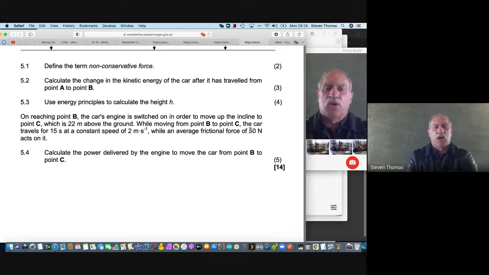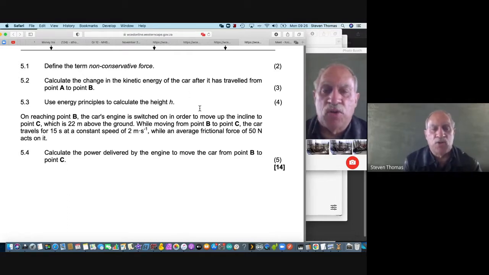Could we work out the change of potential energy? Whatever that height was, which we calculated there, we subtract from 22, and the change of height is mgh. So that is the one work.